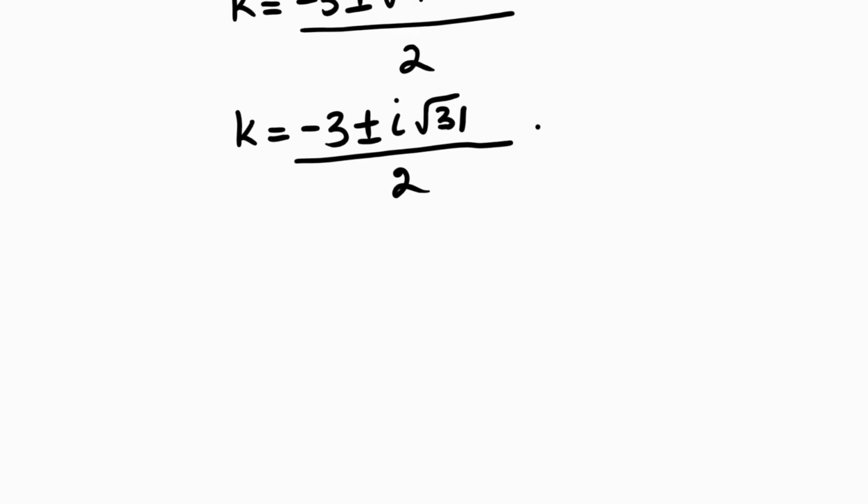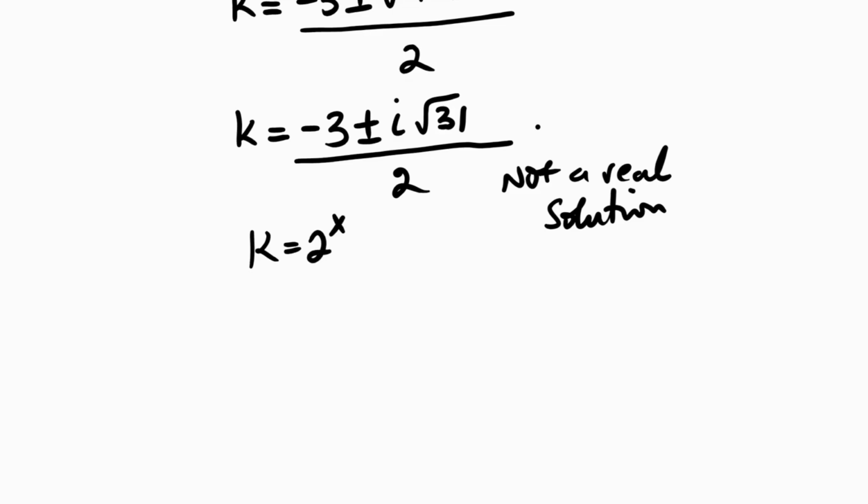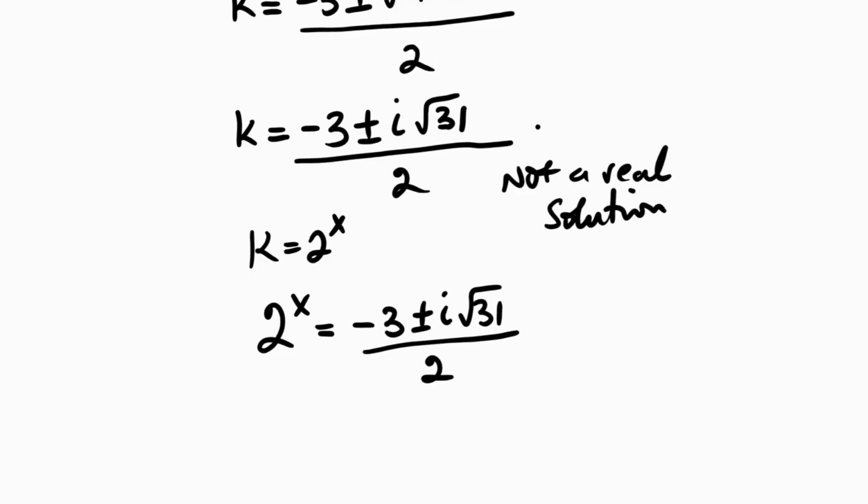So from what we have here, this is not a real solution for the value of x, because here we have that we know our k is 2 raised to the power x, right? So what we have is 2 raised to the power x equals minus 3 plus or minus i root 31 divided by 2.